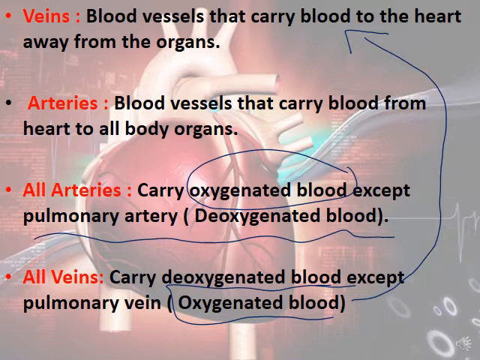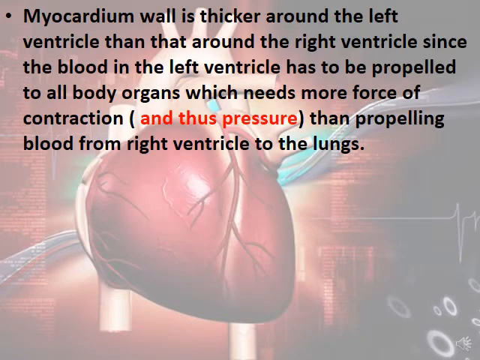Myocardium, an important note is that the myocardium is thicker, as you see here, around the left ventricle than around the right, since the blood in the left ventricle has to be propelled to all body organs. This propulsion, this pushing of the blood to all the body organs, needs energy.